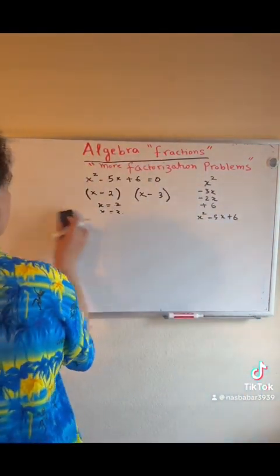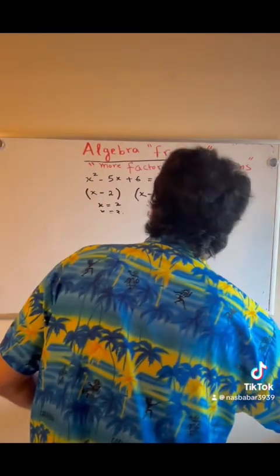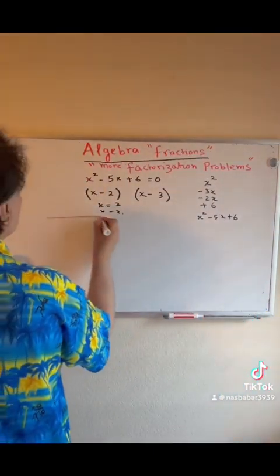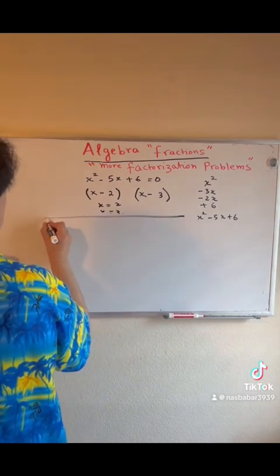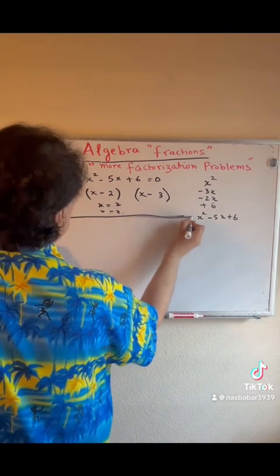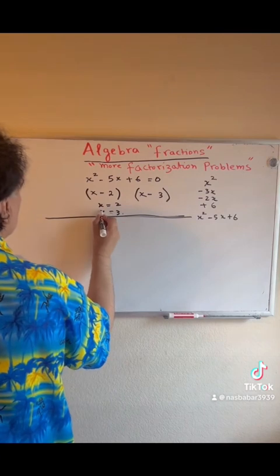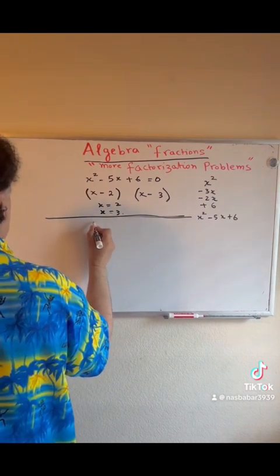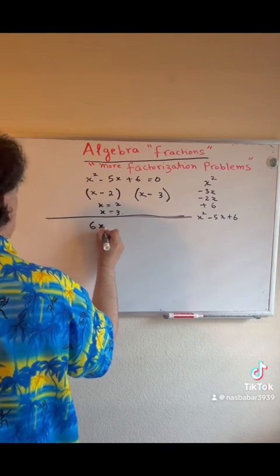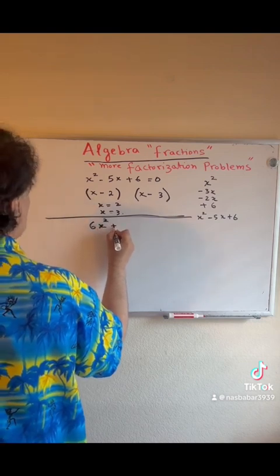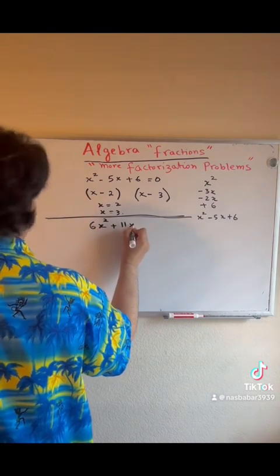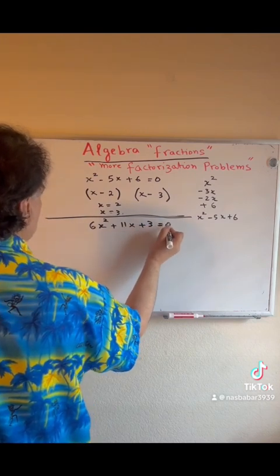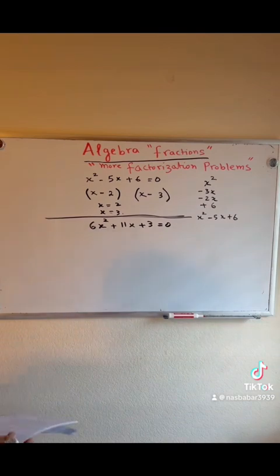How about we solve this problem right here: 6x squared plus 11x plus 3 is equal to 0. Easy peasy.